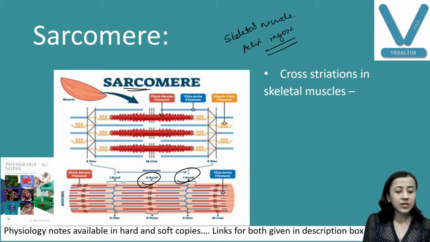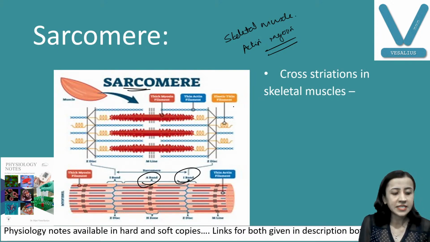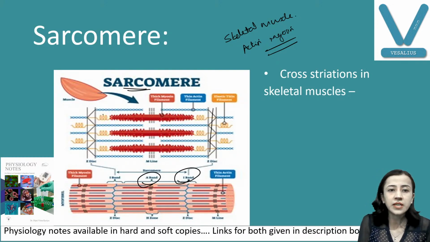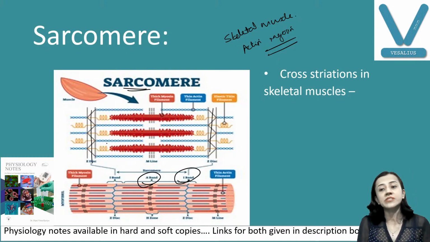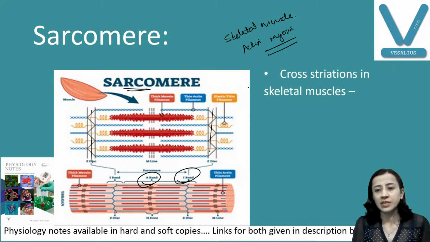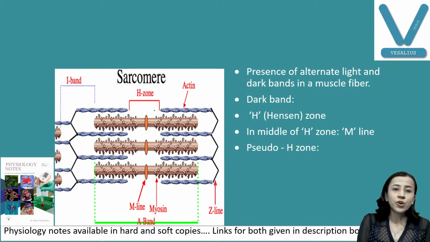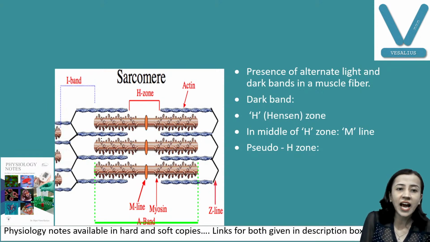Now we will discuss the sarcomere. That is the distance between two Z discs or Z lines. Here you can see this is the sarcomere. It is also known as the structural and functional unit of the skeletal muscle. In this sarcomere, you can see dark and light bands.